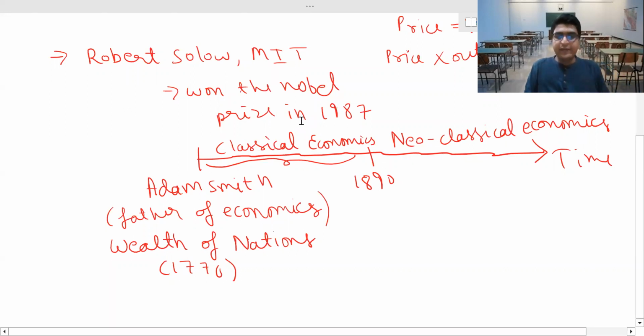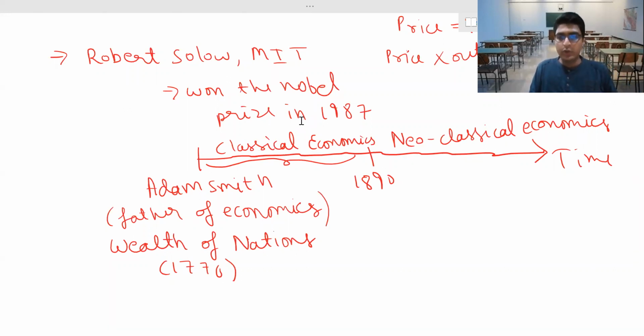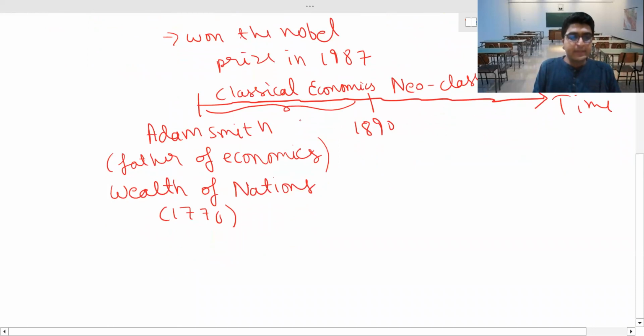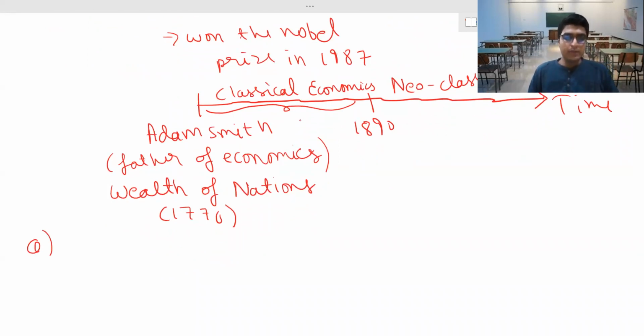So the basic difference in terms of growth models between classical and neoclassical economics comes down to a basic question. Both classical economists and neoclassical economists gave some theory with regards to growth models.